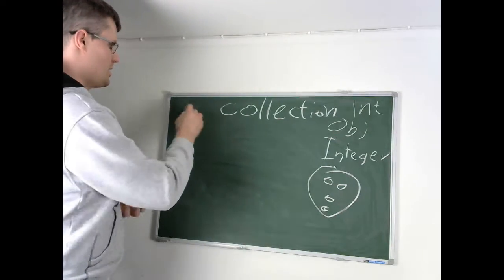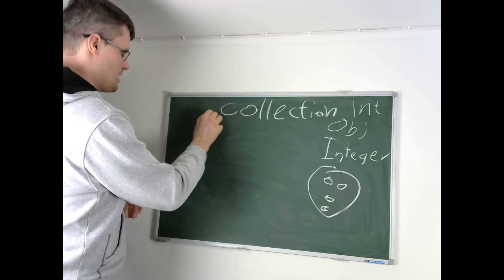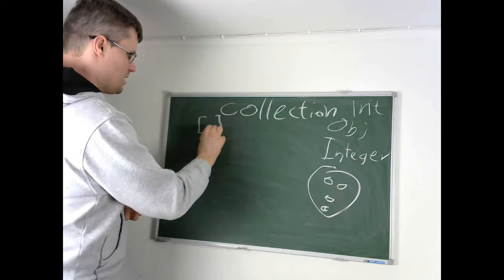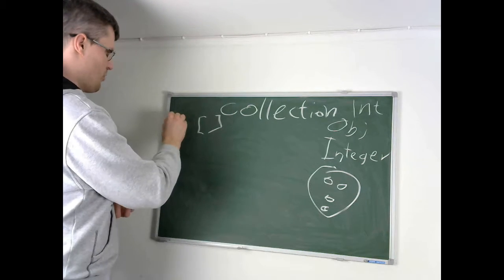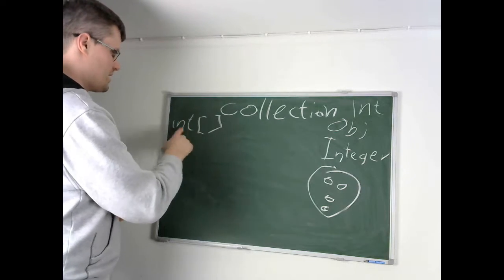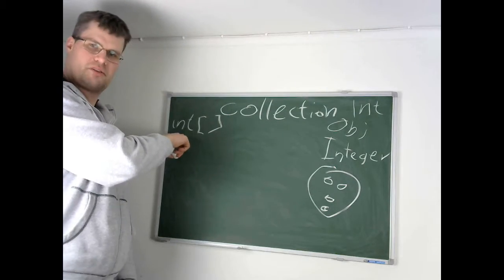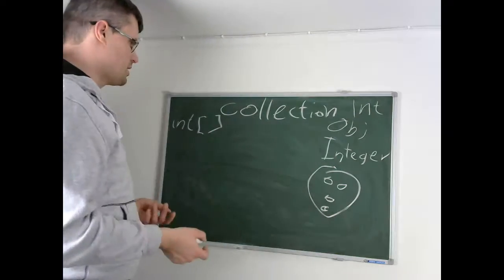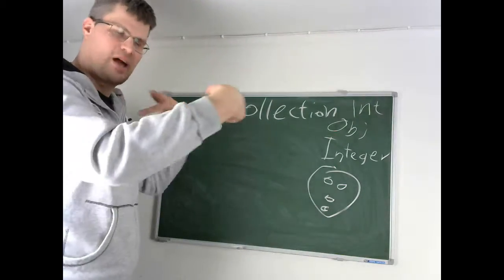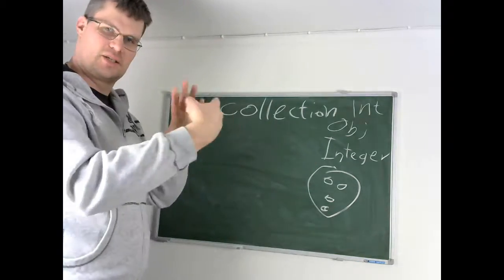In arrays, we usually depict them by saying brackets, and then we have some type before. So if we say int brackets, that's a bunch of ints, a few of them. And we can have multiple brackets if we have a nested sort of structure.